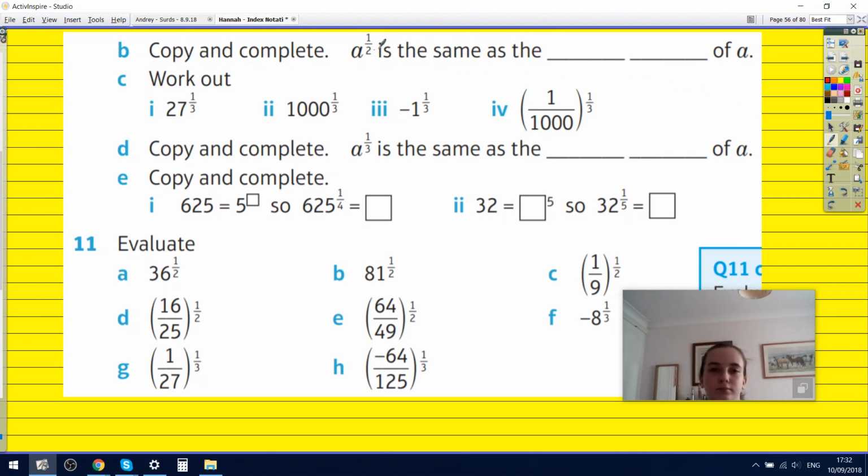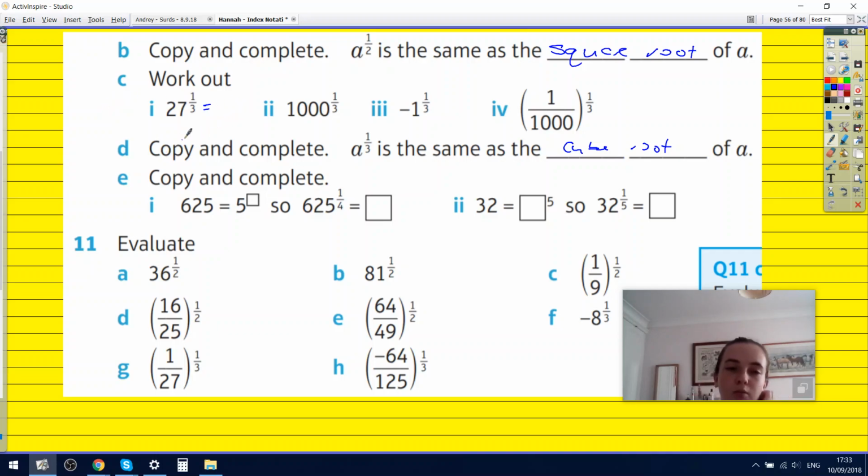Okay, so the power a to the half is the same as the what of a? Cube root. This is a to the half. Oh, square root. Square root. A to the third is the same as the blank of a. Cube root. Yeah. So how about b? What is that?